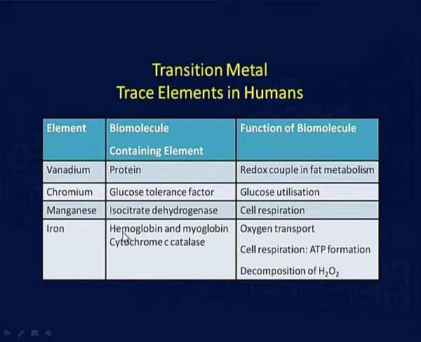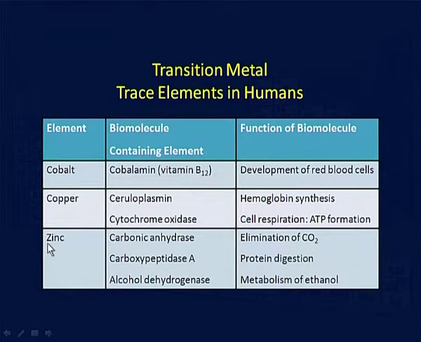Iron, as I just told, is part of hemoglobin and myoglobin, and it functions in oxygen transport, and the cell respiratory system is governed by these particular proteins. Apart from iron, cobalt, copper and zinc are also equally important as far as biological functions are concerned.